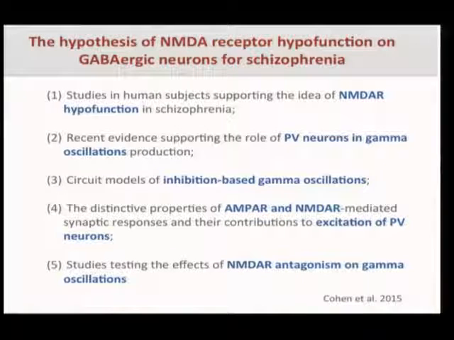So, for example, ketamine. If you treat human subjects with ketamine, you can reproduce most of the symptoms of schizophrenia, for example, some positive symptoms, cognitive deficits, and negative symptoms.